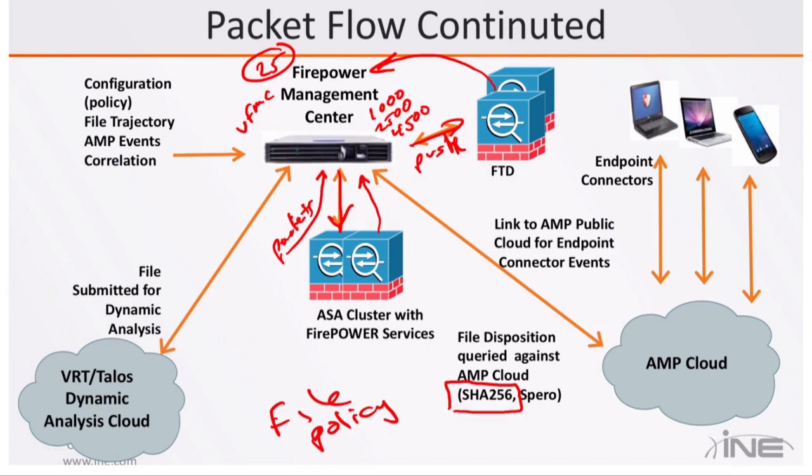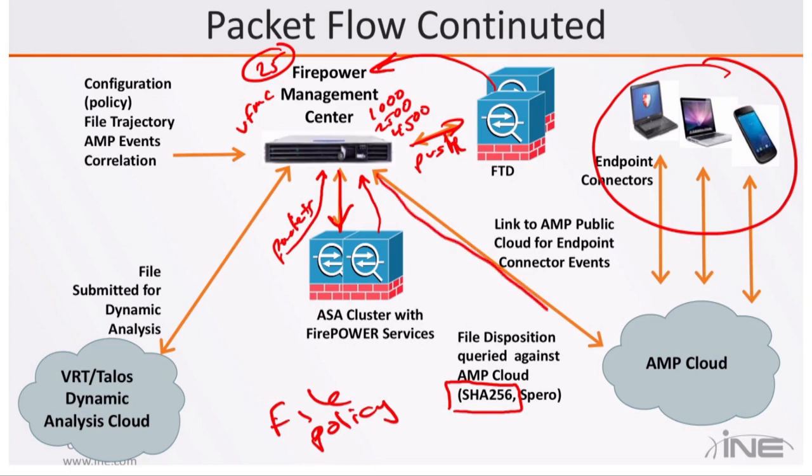We're going to send that SHA, in this example, up to the FMC. It's very important to understand the devices do not talk to the AMP cloud directly. Now, if you have endpoint for AMP, those talk to the AMP cloud directly. That's kind of nice. That's why you have it. It's very expensive, but it's a nice thing to have internally in your network. But if I have malware protection here with a file policy, I'm going to send that SHA up. If the FMC doesn't have the disposition, probably not, it's going to send it to the AMP cloud.